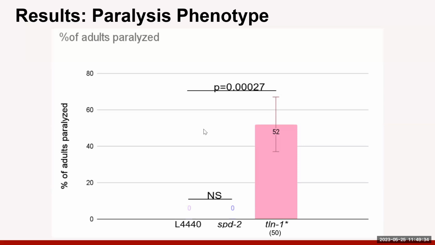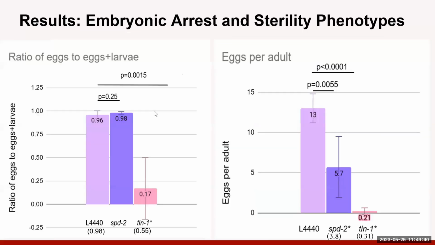So then for our SPD2, which was our positive control, it was supposed to give the embryonic lethal phenotype, which you detect by taking the ratio of eggs to eggs over larvae, because if they don't develop to larvae, you're going to see more eggs in proportion. So we were supposed to have a much higher SPD2 ratio than L4440, but our trials weren't long enough, so they didn't have time to develop far enough through their life cycle for it to be detectable.